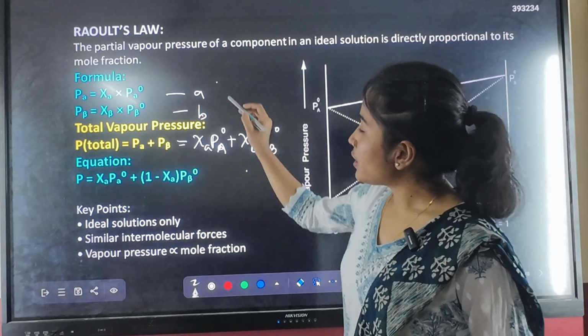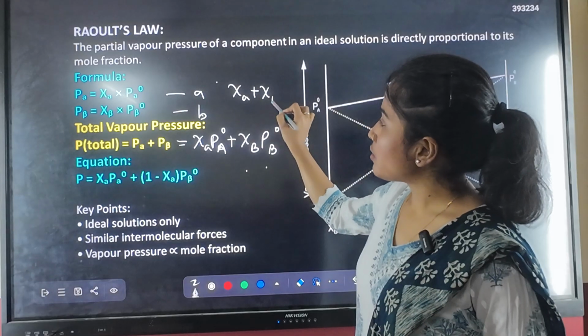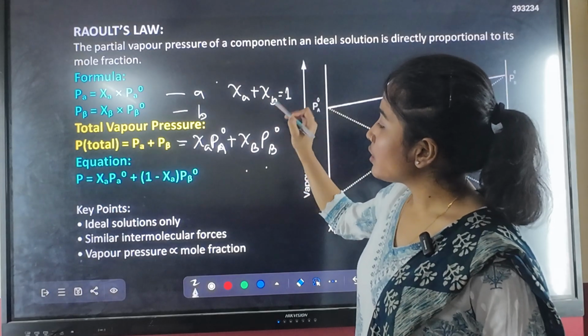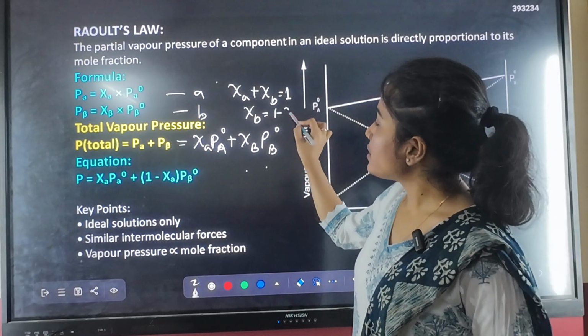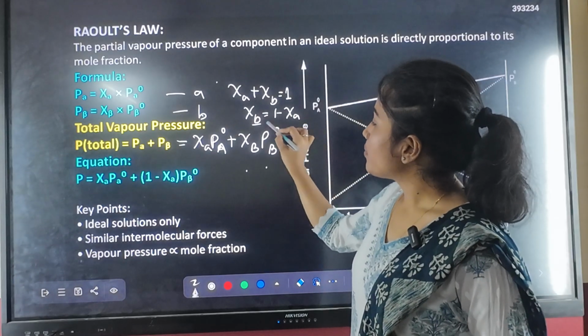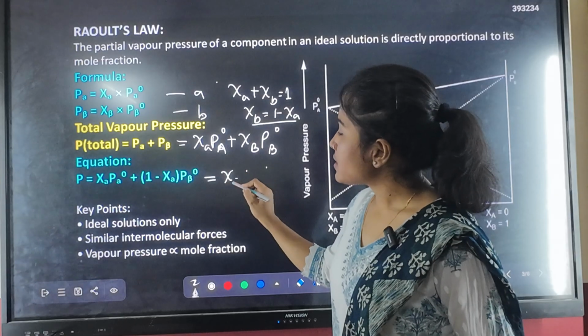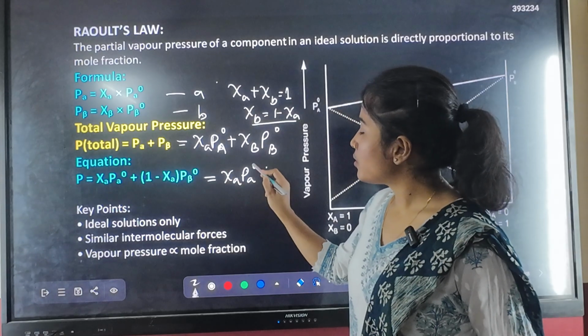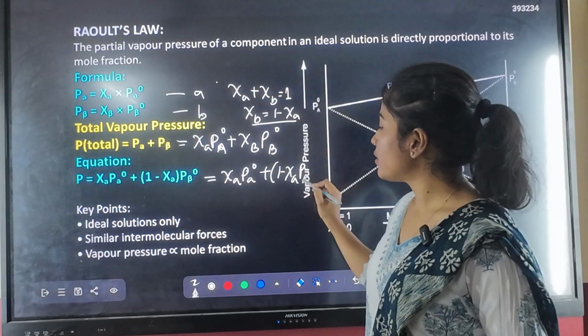And I know that in a binary solution XA plus XB is always equal to unity. So in place of XB I can directly write 1 minus XA, and putting this in the equation, it will be XA PA naught plus (1 minus XA) PB naught.